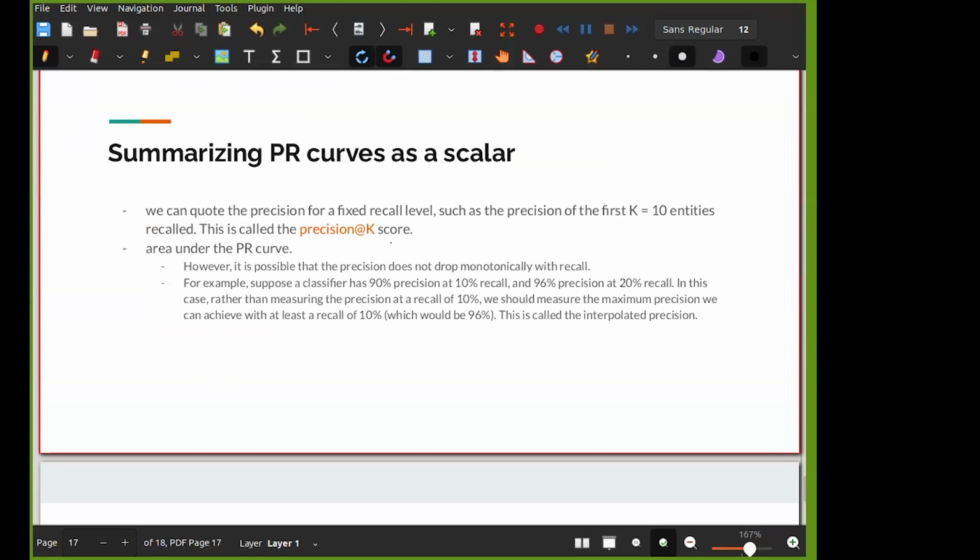That is called precision at K, which means that if I retrieve K items, then out of those K items, what is my precision? The second one is called area under the PR curve, which we have discussed already. These are two summary metrics for precision recall curve which you can use, and it's especially useful in retrieval setup or extremely skewed class population.